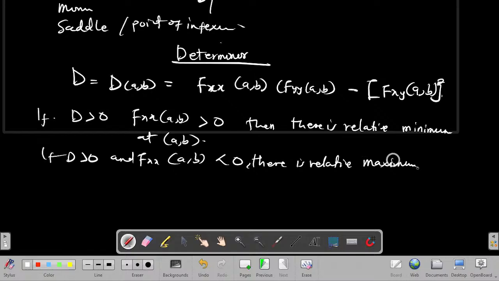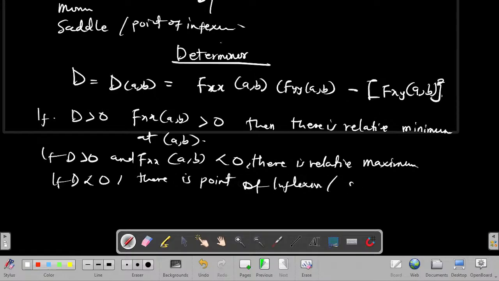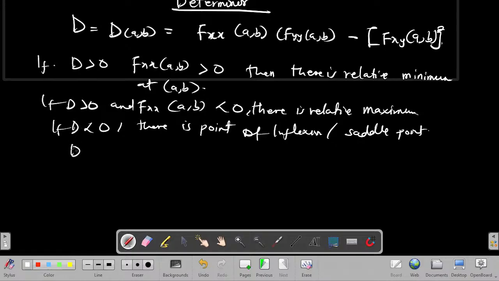If D is less than 0, then there is a point of inflection, or what you call the saddle point. If D is equal to 0, we call it indeterminate; you can't determine whether it is maximum or minimum. So please, these are the algorithm we'll be using right now to solve our problem.